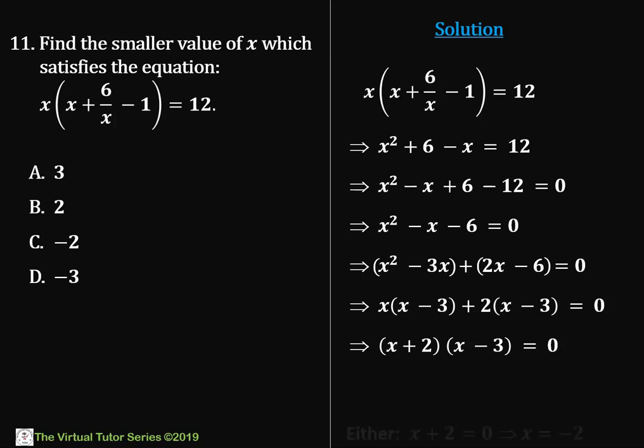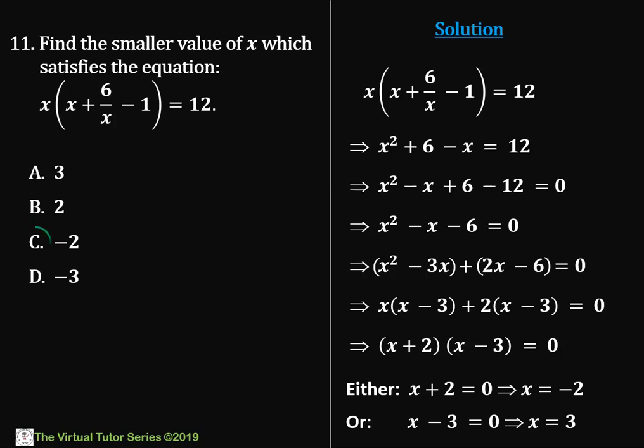So either x + 2 is equal to 0, which means that x is equal to negative 2, or x − 3 is equal to 0, which means that x is equal to 3. Therefore, the smaller value of x that satisfies the equation is negative 2. Hence, option C is the correct answer.